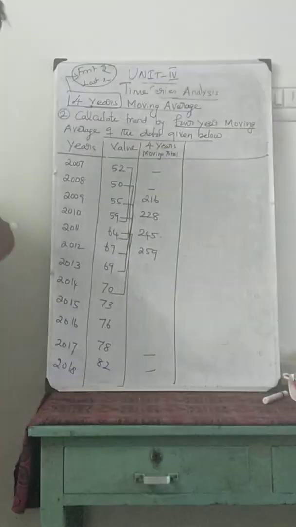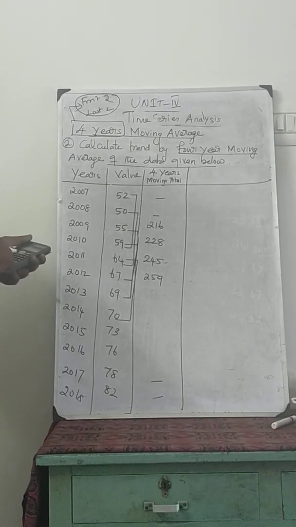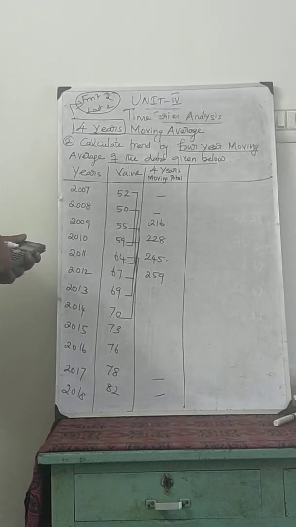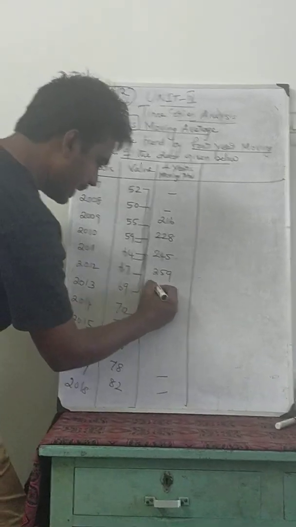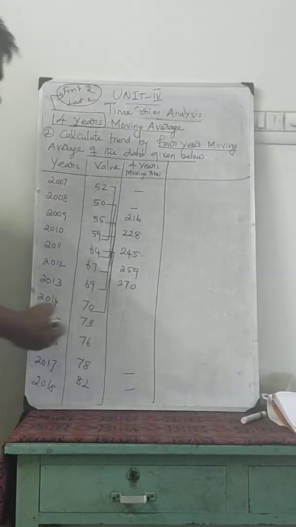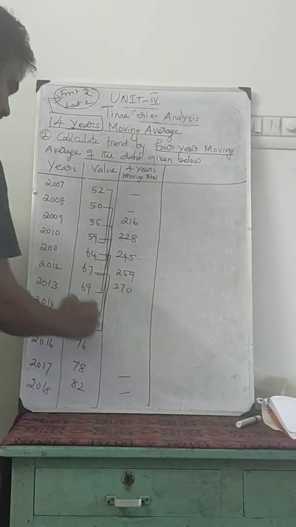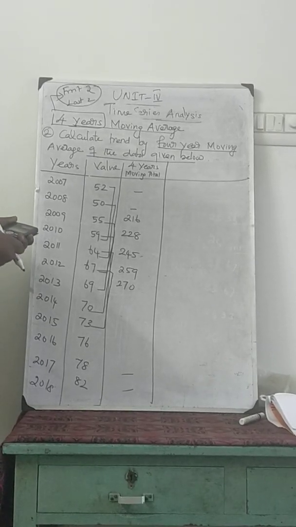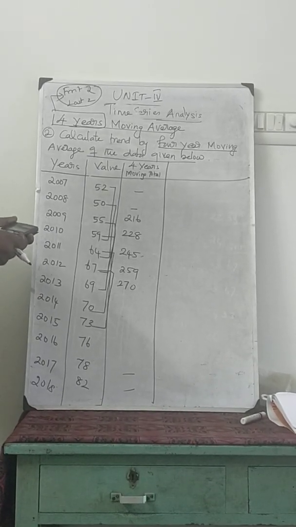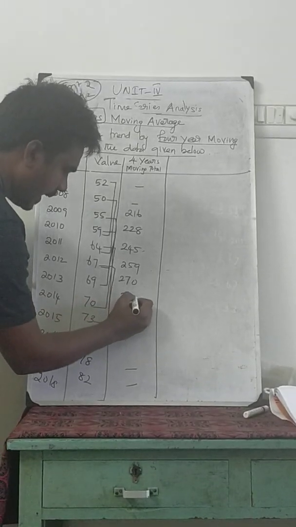The next one is 64 to 70. You have to forget this 59. 64 plus 67 plus 69 plus 70, centered to 70. Next, 67 to 73: 4 years 67 plus 69 plus 70 plus 73 is 279.